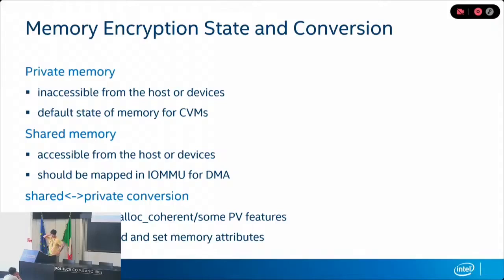And there is another way to translate pages between shared and private. This is generally done by a hypercall, and the guest does this, for example, when it allocates buffers for SWIOTLB, or when some drivers inside the guest call a DMA coherent API, or for some paravirt features.